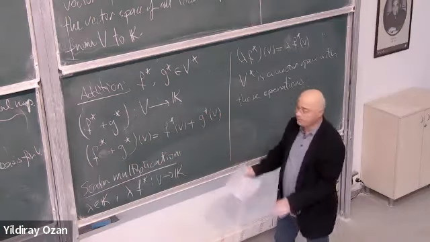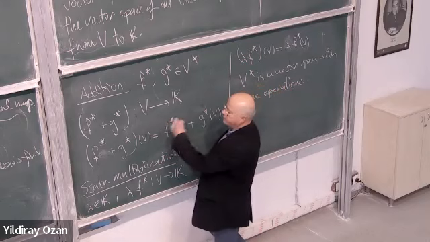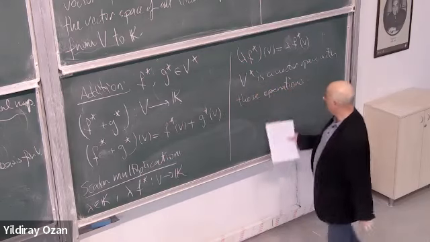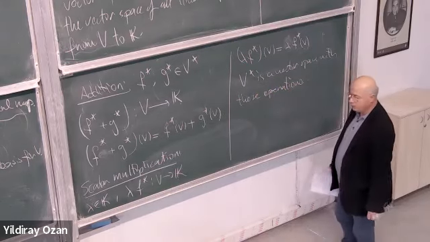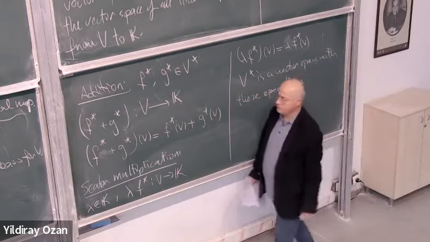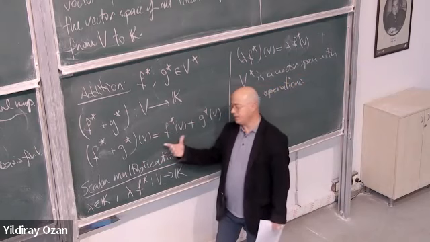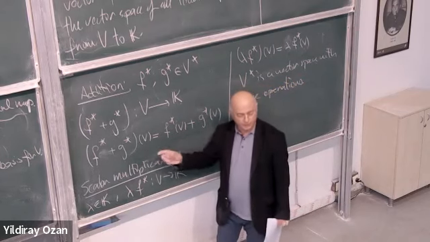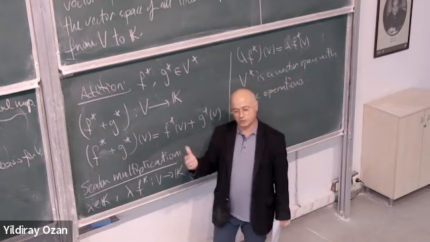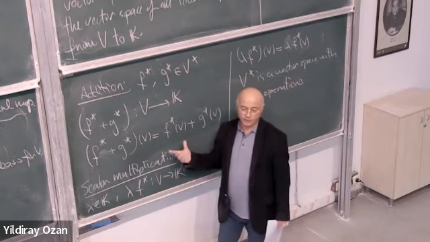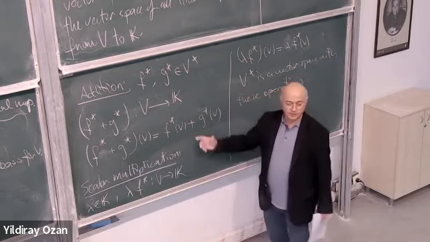Of course, there are some details about why this operation gives a vector space. You have to prove several things. First of all, this is an abelian group operation, right? F plus G is equal to G plus F. There is the zero element. For example, what should be the zero element?